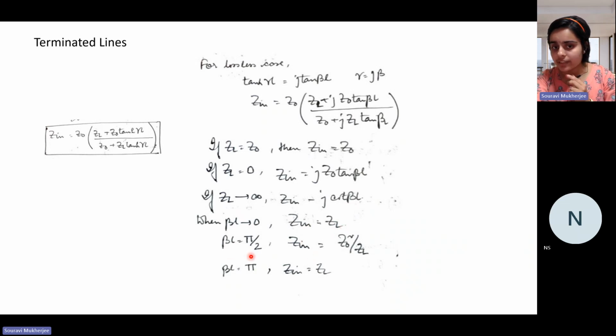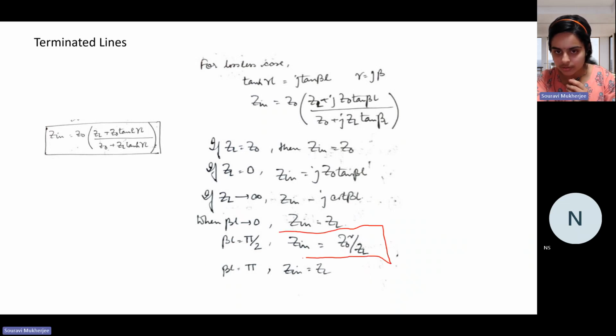But when beta L is equal to pi by 2, that means when the length is lambda by 4, that's a very interesting case because now you can see that Z in is different from ZL, and this is how it's related. It has a dependence on the characteristic impedance of the line and is inversely related to your load impedance.